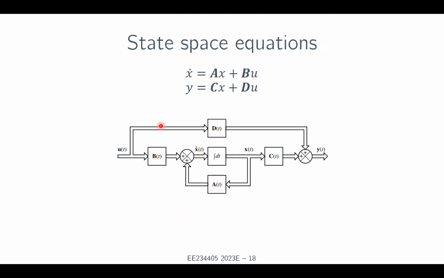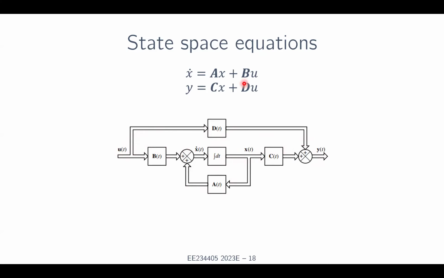So this is just the previous slide. I just want to put some remarks here that, again, the most important aspect is here. D is often assumed to be zero because it's rare that the output is directly affected by the control input without going through the plant.